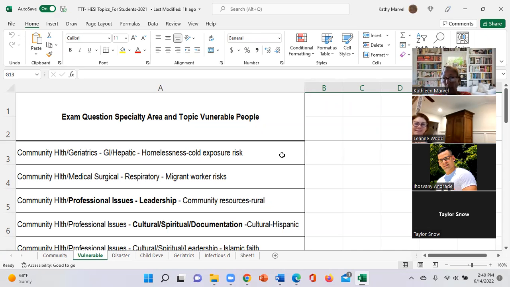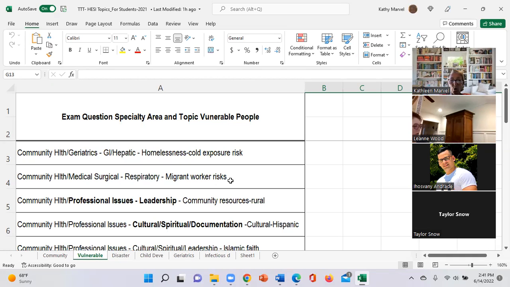That's what we're trying to do here in this review, but we're not getting very far because nobody's participating. So what might they ask about homelessness, cold exposure risk? I don't know what they might present with at the ER. What are signs and symptoms of exposure risk? What are the groups of vulnerable populations that might be at risk for exposure?